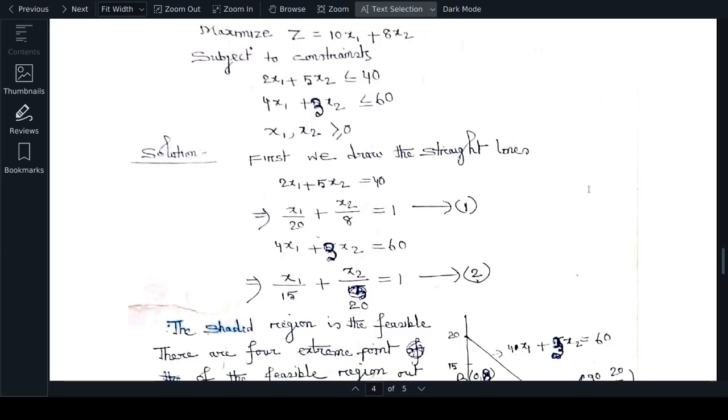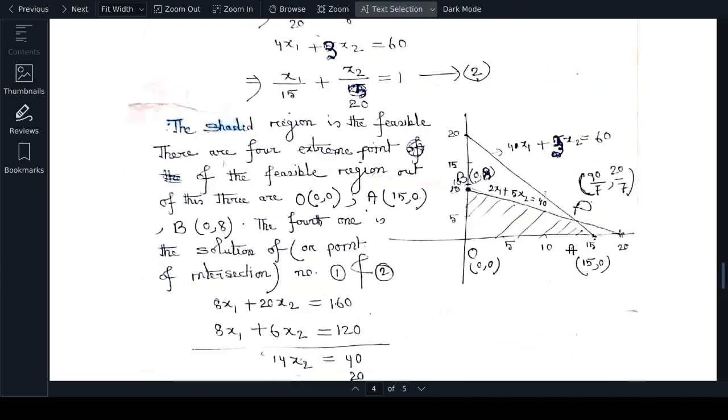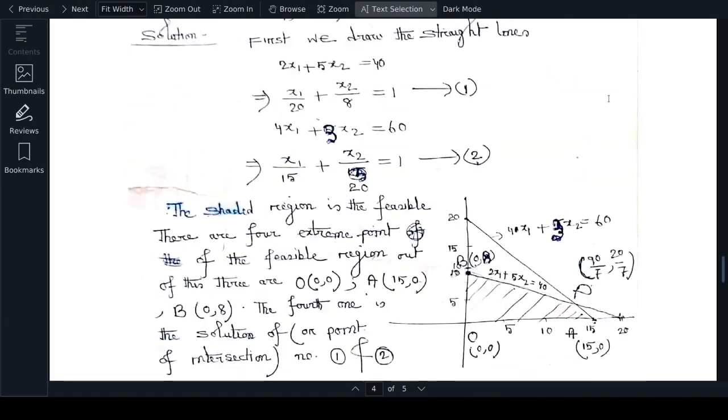First, you put x1 equal to 0 in equation number 1. Then what is the value of x2? It is 8. So what will be its coordinate? (0, 8). So you mark (0, 8) as one coordinate. Similarly, in the same equation, x2 equal to 0, then x1 equal to 20. So we get another coordinate (20, 0).